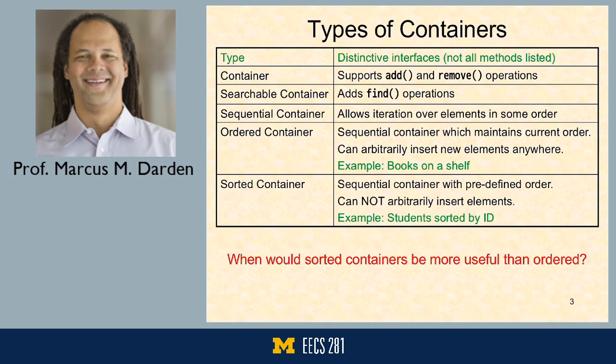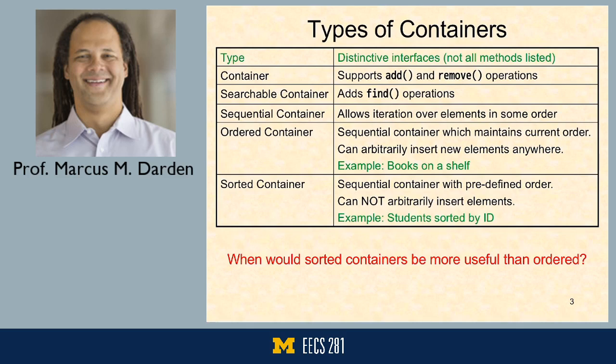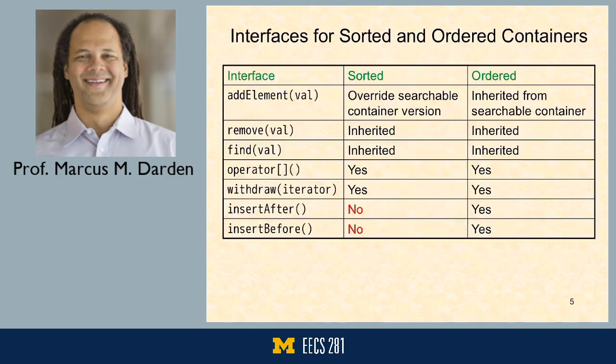So if I want to do a sorted container's add element, I can use the add element from the searchable container, but it's not going to do me quite right, because when it's sorted, I've got to add a little bit more to it. So that's why we're going to override the searchable container version to make an add element for a sorted container.